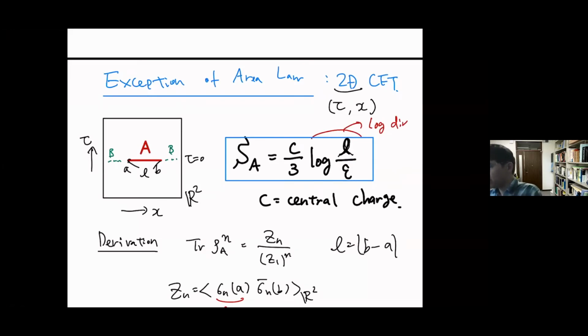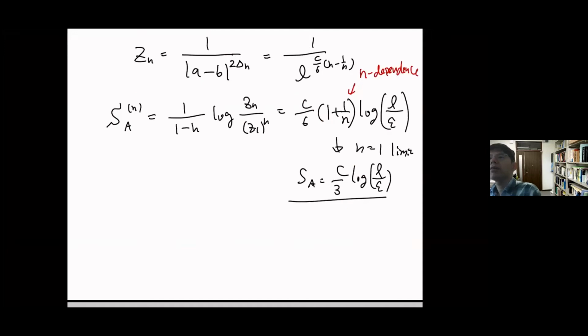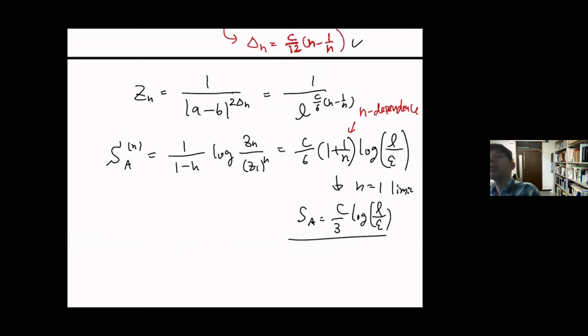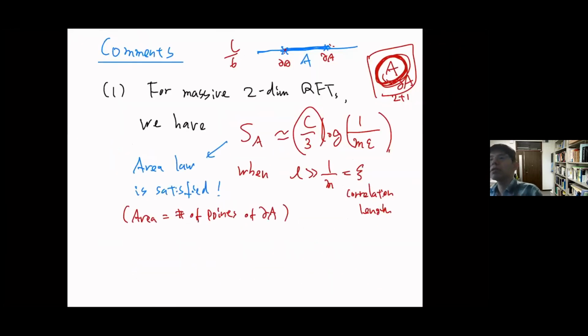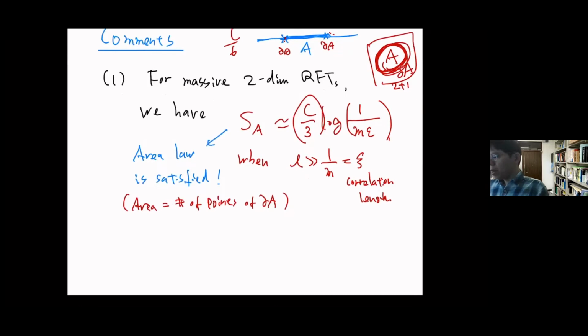This is how especially condensed matter or statistical mechanics people say this formula is violated for 2D CFT, but satisfied for massive 2D quantum field theory.